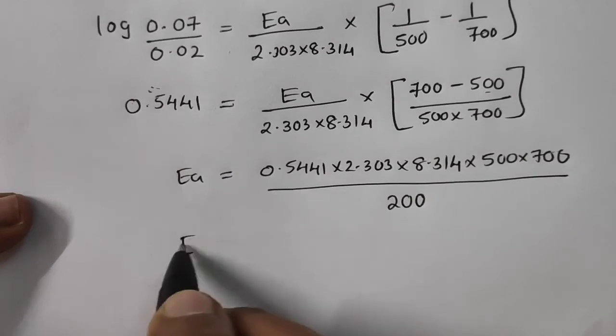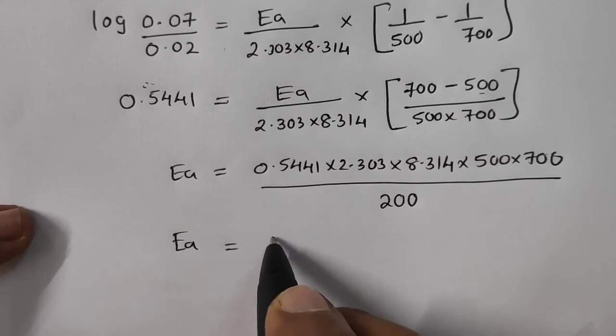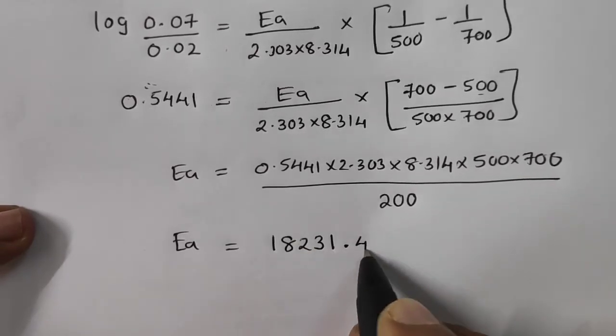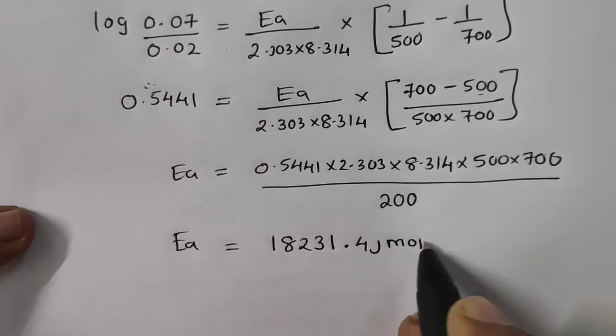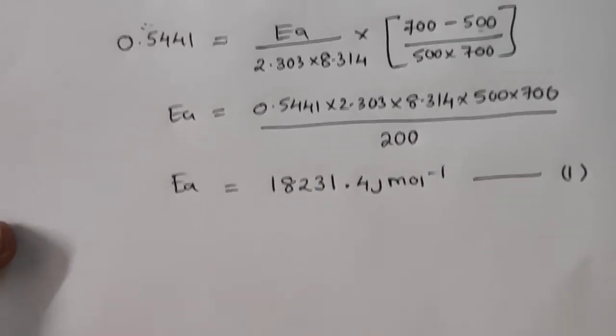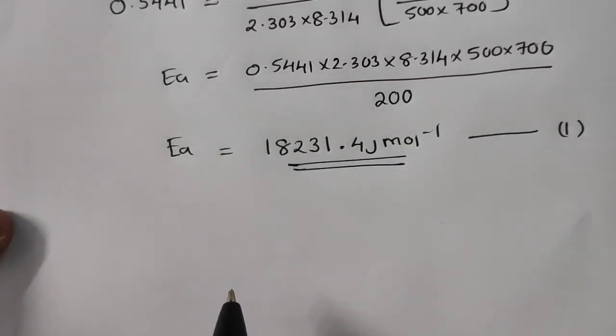By calculation, EA will be equal to 18231.4 joule mole inverse. I will call this equation 1. So we got the value of EA, which means half of the sum is over.